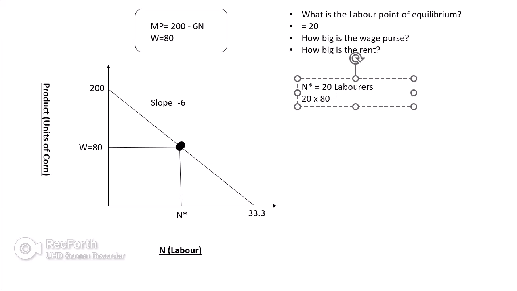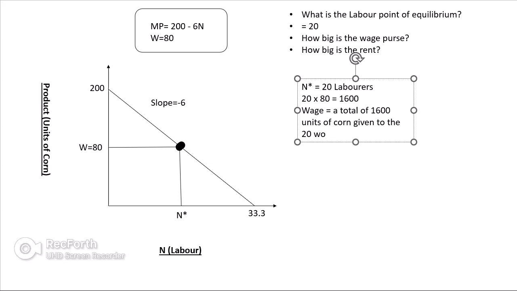20 multiplied by 80 is going to be equal to 1,600. And because the product that they are receiving is units of corn, the wage purse is going to be equal to a total of 1,600 units of corn given to the 20 workers, as they each receive 80 units of corn in wages.